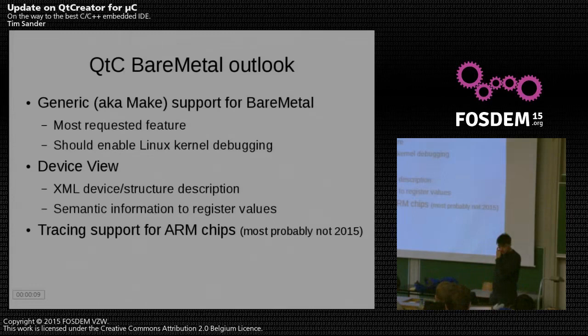The next thing on my list for improving Qt Creator, and that's the most requested feature, is make support. Currently, generic build support is not enabled in bare metal. That's mainly because you need to implement an extra class for the generic plugin, and that has not been done for the bare metal plugin.